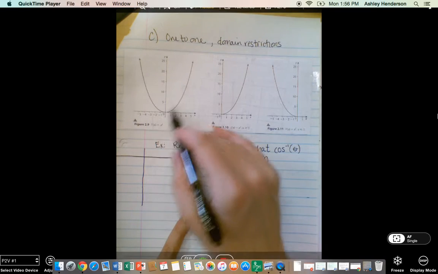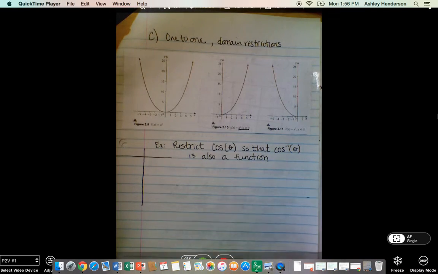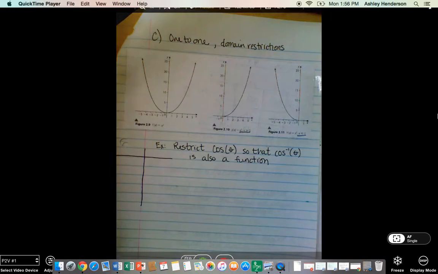So here's that same quadratic we were looking at. Here it is restricted where x is greater than 0, and here it is restricted for x less than 0.